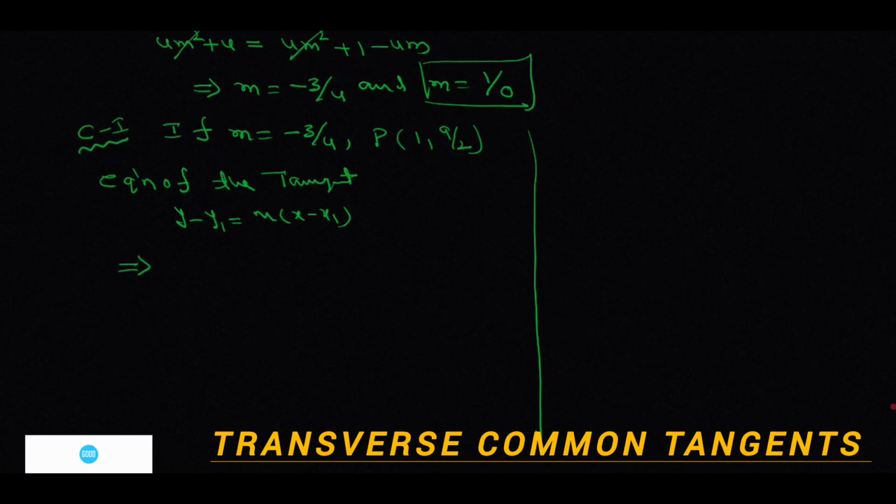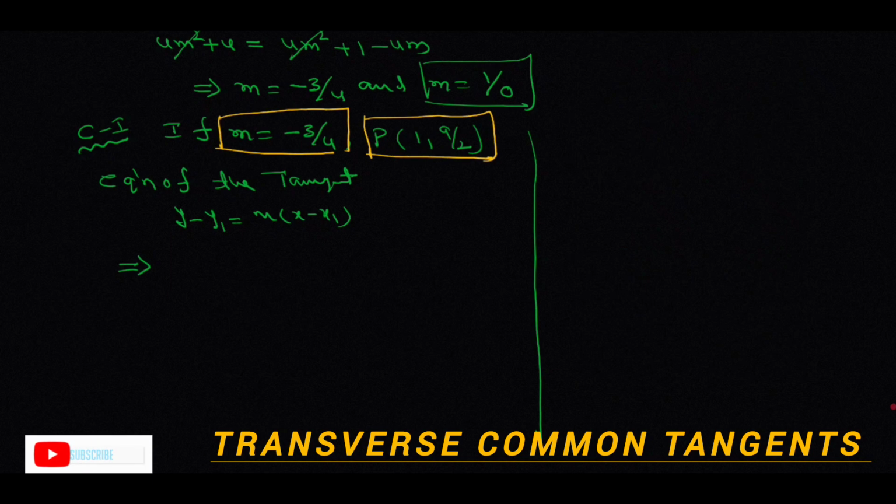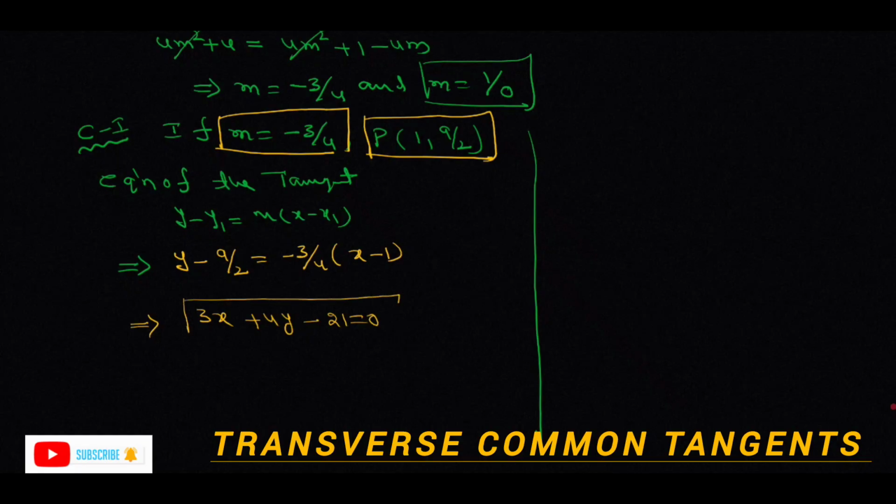Substituting the above values, y minus 9 by 2 equals minus 3 by 4 into (x minus 1). Now simplifying the above equation, we get the tangent equation 3x plus 4y minus 21 equal to 0, which is the equation of the transverse common tangent TCT1.